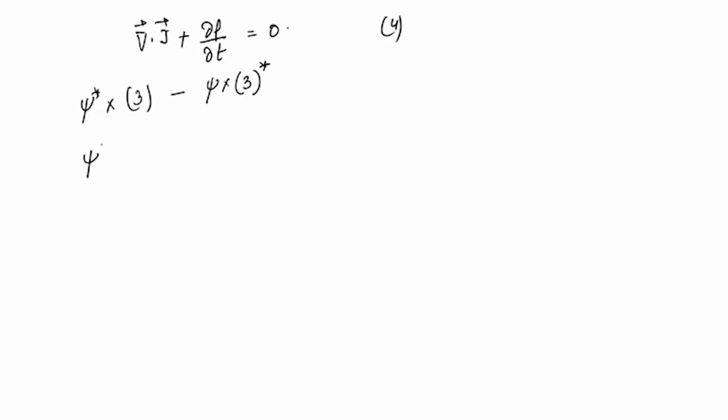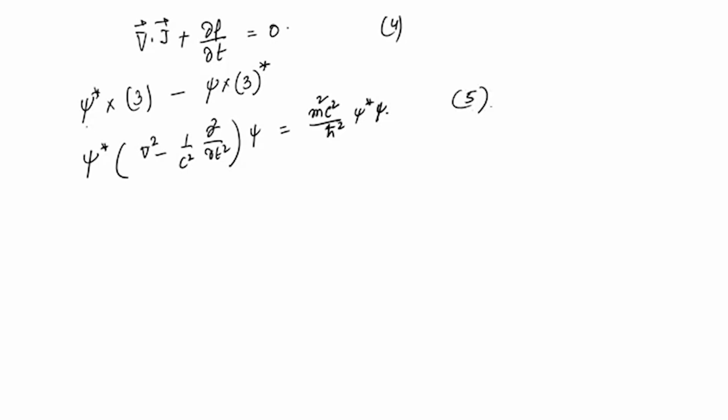So, that gives psi star times del square minus 1 over c square del 2 by del t 2, acting on psi, is equal to m square c square by h cross square psi star psi, and this can be called equation 5.